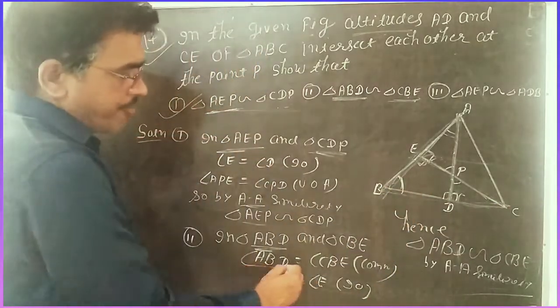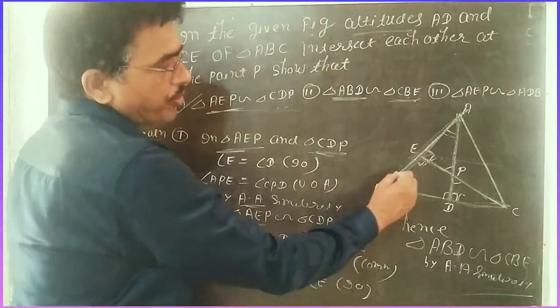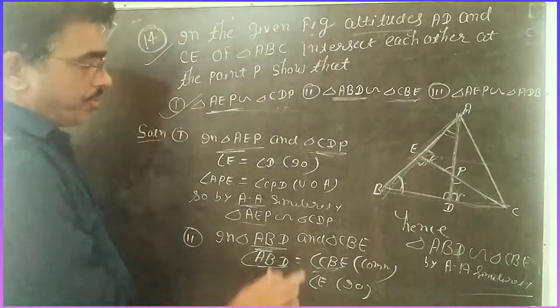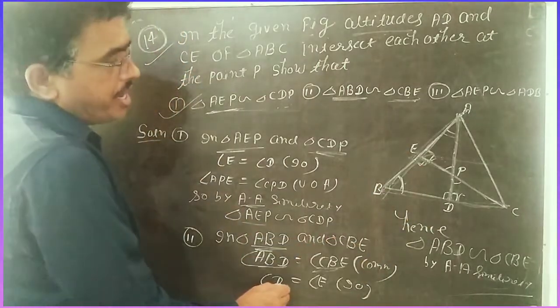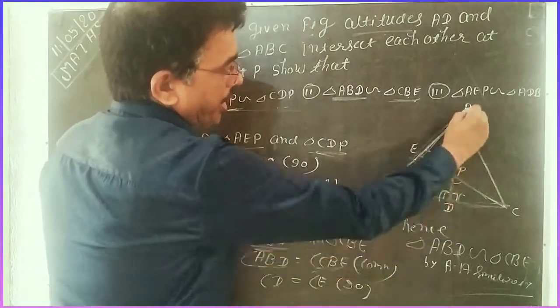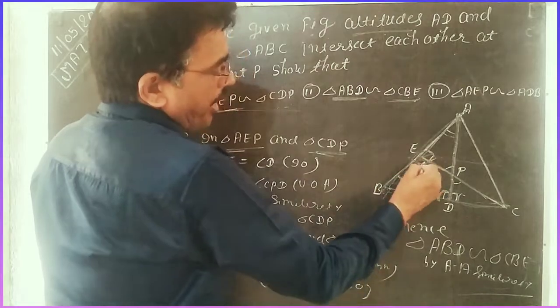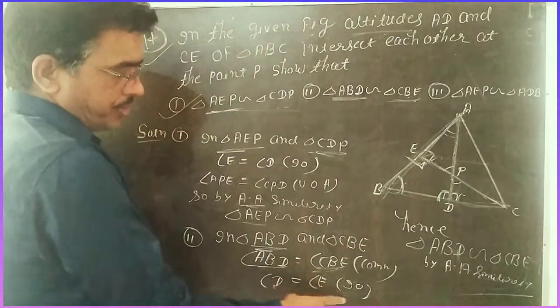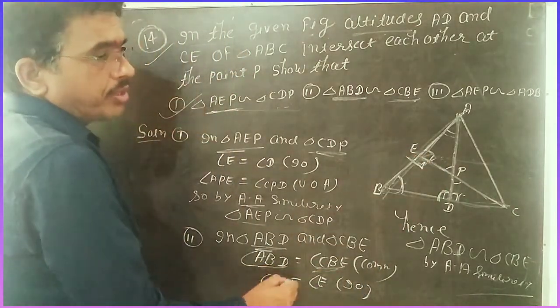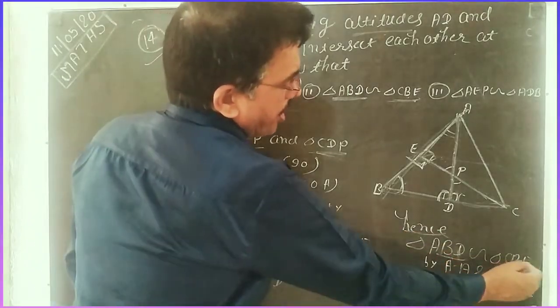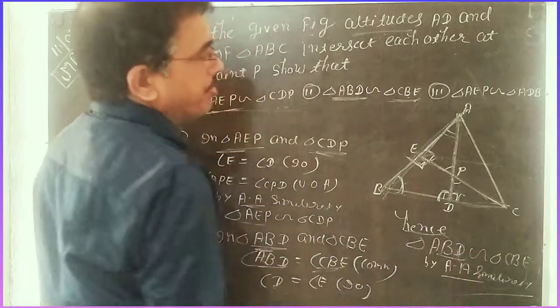So write angle B is equal to angle B, both are common. That means B is common between both triangles. And angle D in triangle ADB is 90, and in triangle CEB, angle E is 90. So here also two corresponding angles are equal. Then you write, hence triangle ABD is similar to triangle CBE by AA similarity.